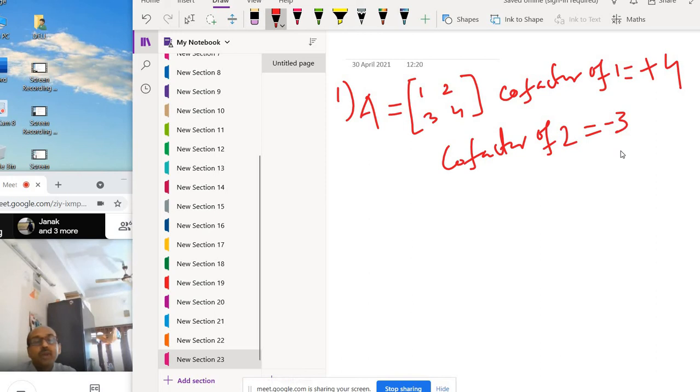Then cofactor of 3. Cofactor of 3 equal to, along 3 deleting corresponding row and column. So which element is left? 2, and the sign is plus, minus, plus. So cofactor of 3 is plus 2.